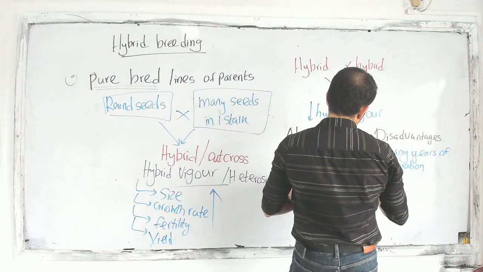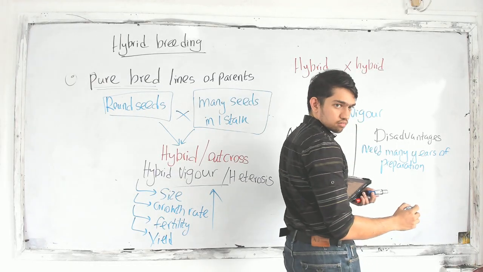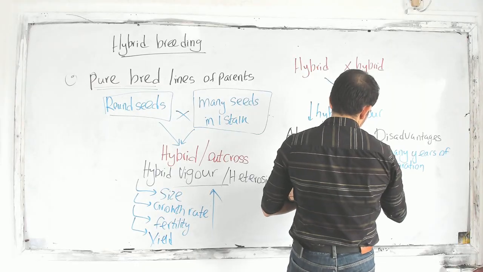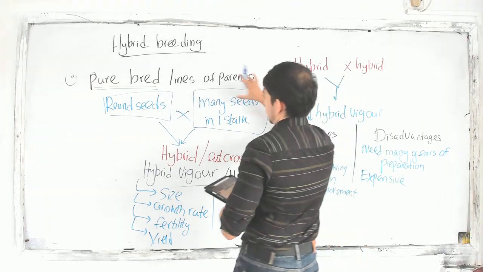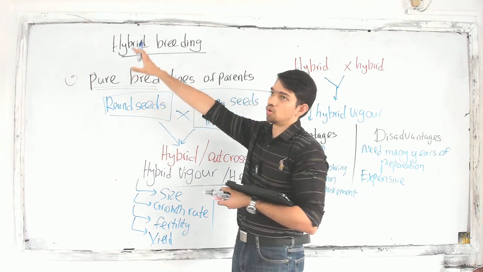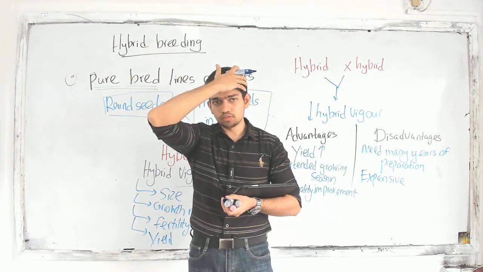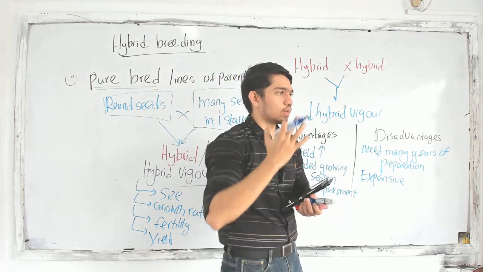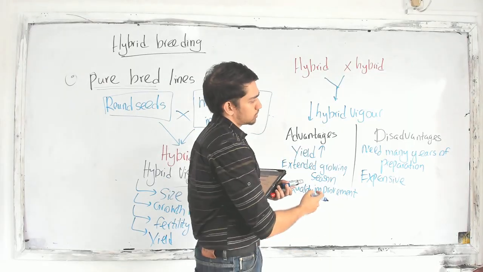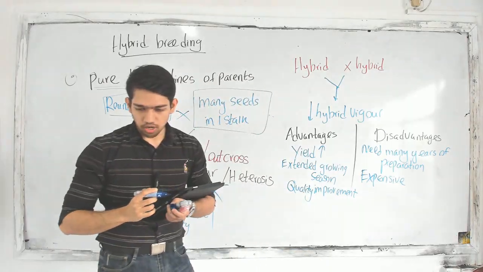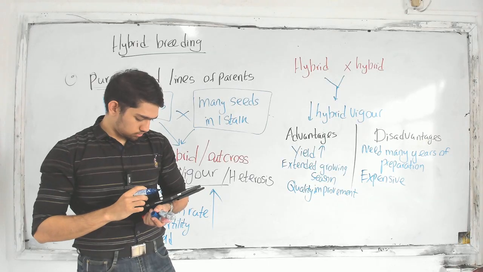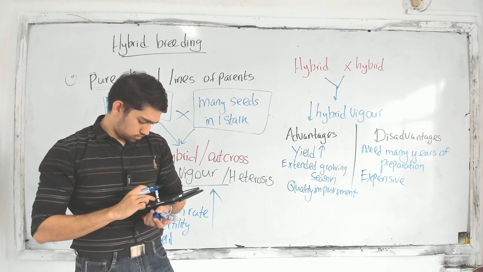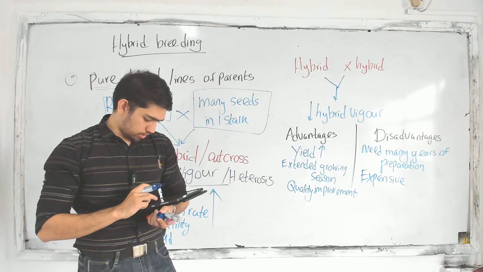Also, it is expensive, because these hybrid breeders have to maintain pure lines over a long period of time. The seeds, or the animals they produce, are expensive because they are hybrids. Those are the two disadvantages.